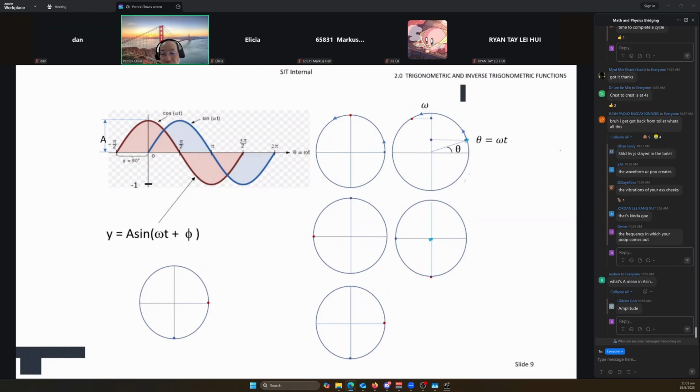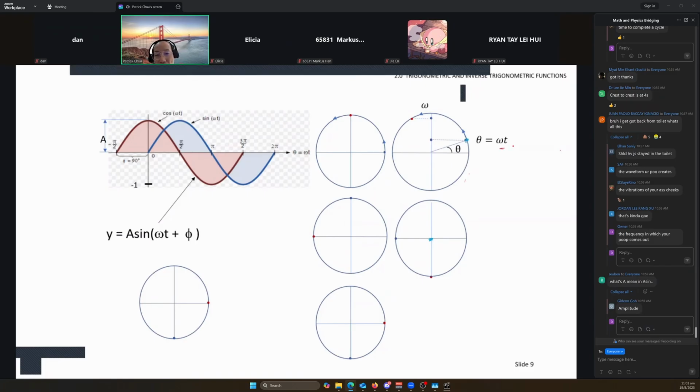On the video, the red box is actually your mass, and the sphere on the circle is what is rotating.